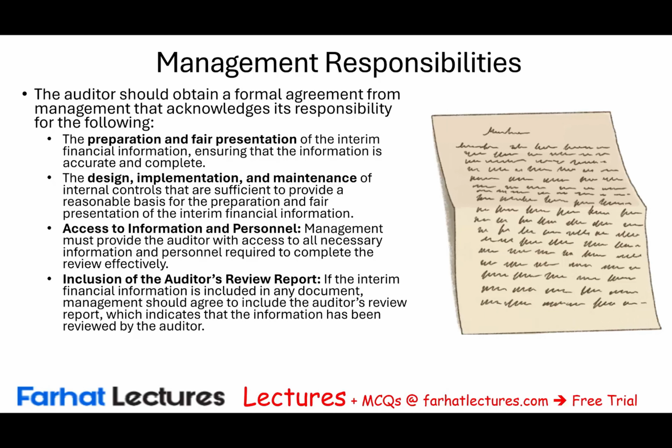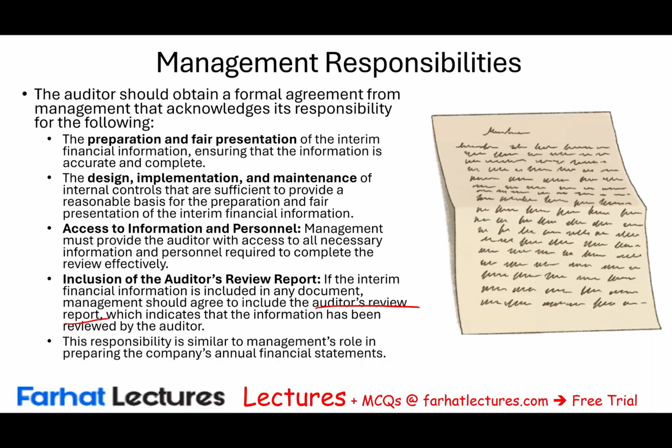And if the interim financial statements are included in any document, management should agree to include the auditor's review report, which indicates that the information has been reviewed. So if you are sharing this information with a third party, make sure you include the report so the third party knows that this is a review.